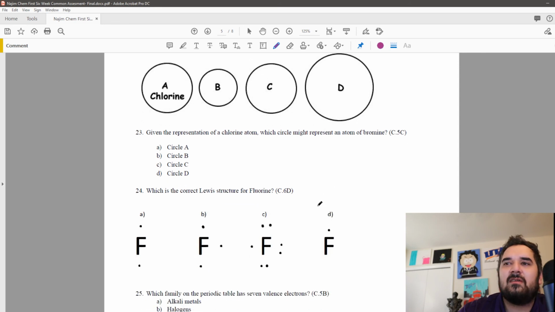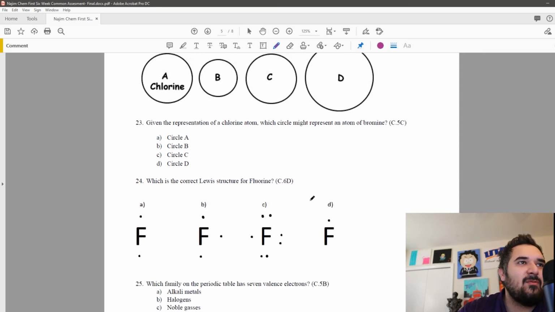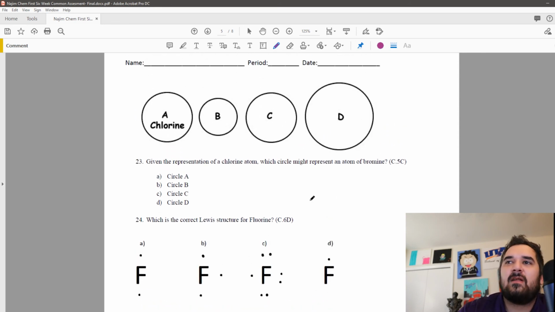I'll do 23. Actually, I'll do 23 and 24, and then that'll be where I stop. So for number 23, it says, given the representation of a chlorine atom, which circle might represent bromine? This one is a question that actually requires a little bit of thinking. It's asking us for chlorine and it's asking us for bromine.